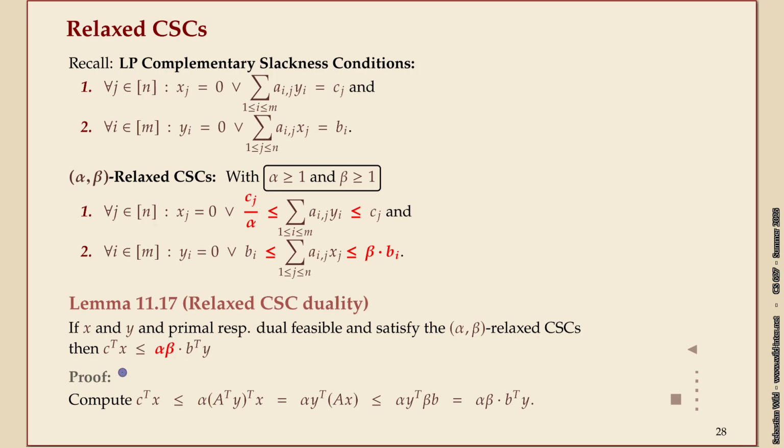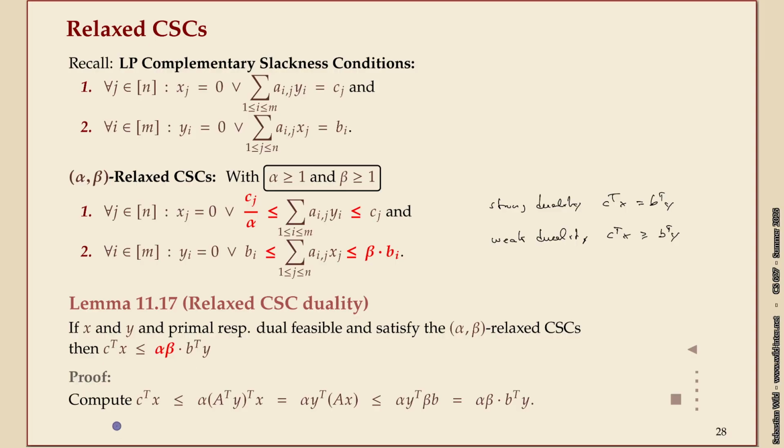The cost c^T x is at most alpha times beta times the dual cost. Strong duality would be equal. Weak duality would mean the minimization problem is greater or equal to this. Now we're getting something in the opposite direction, so we sandwich c^T x between b^T y and alpha beta b^T y.